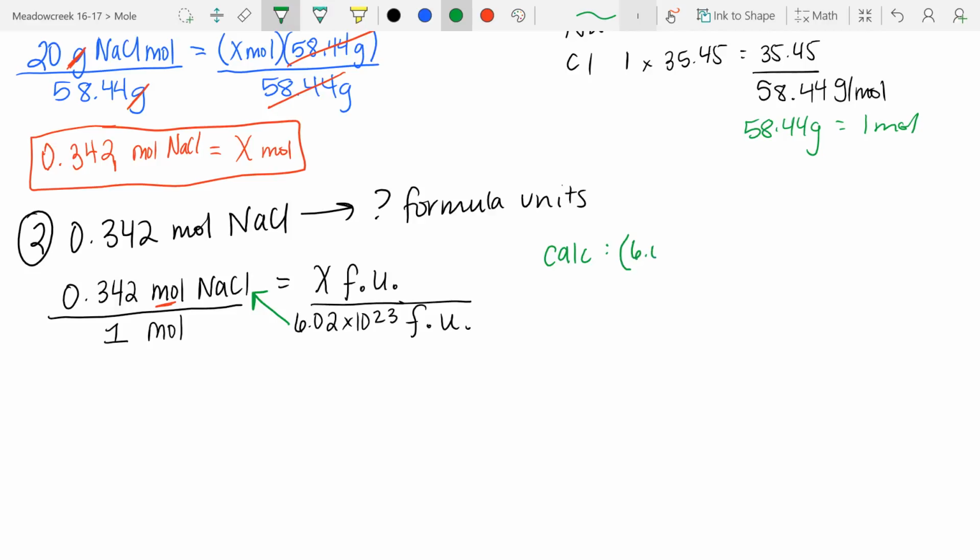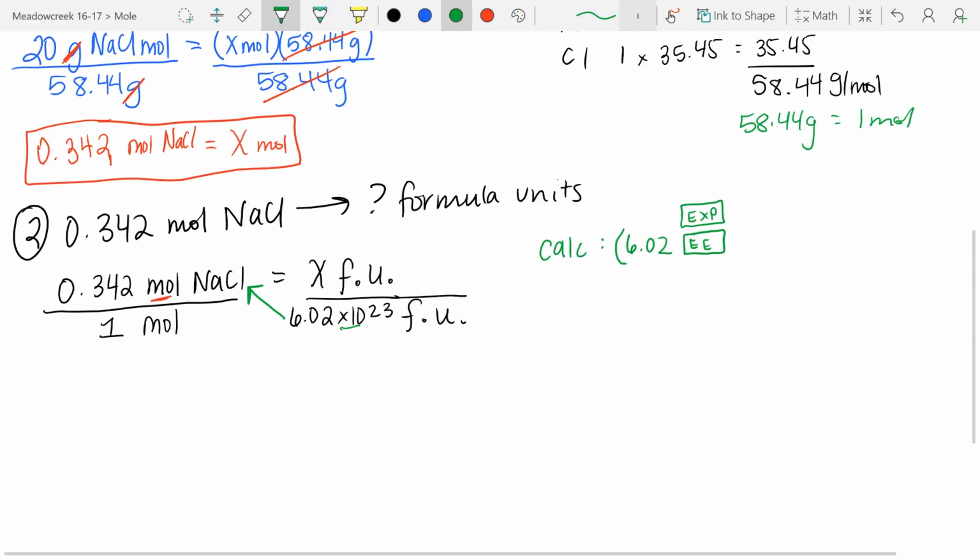You would put 6.02. There's a button on your calculator that has 2 capital E's, although some of your calculators may have EXP for exponent instead. This essentially replaces the times 10 part right here, and then you would put the number 23, okay?